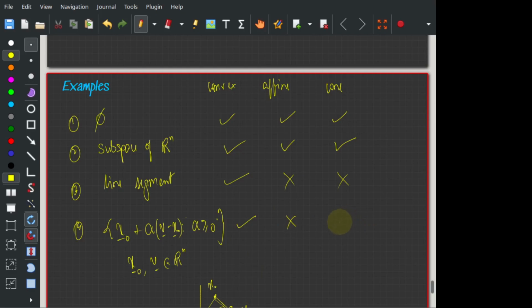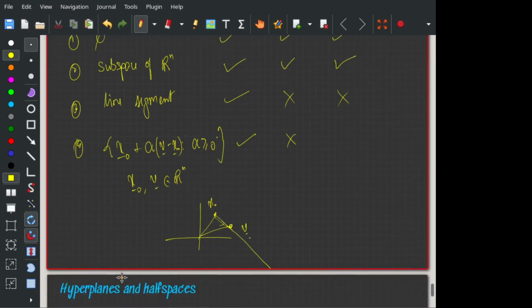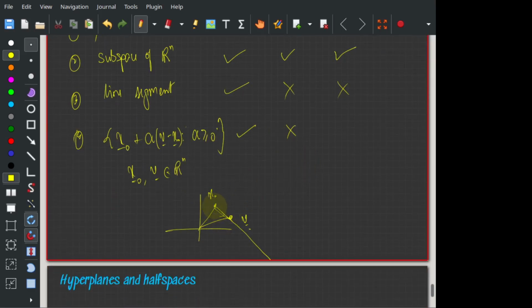It is a cone only if x naught is equal to 0, only if x naught is the origin. So this is basically a ray. For it to be a cone, the ray has to start from the origin. So in general no, but yes if x naught is the 0 vector.